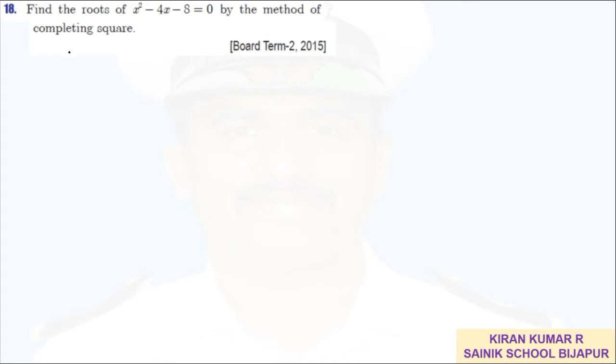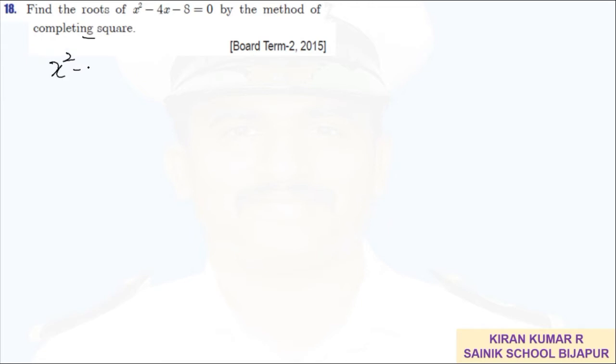Next, question number 18 is finding the root by the method of completing the square. Let me tell, in the completing square method, the constant term we will transpose to the right hand side, and half of the coefficient of x we will add and subtract on both the sides. Let me do that.